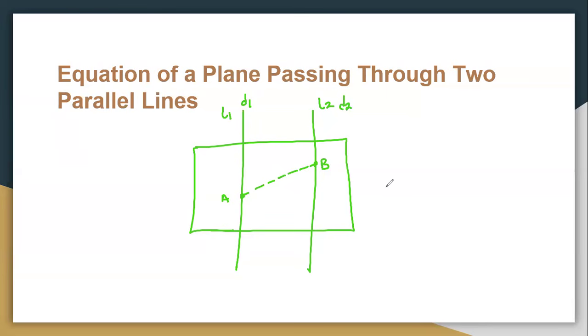So if I want to obtain my normal, it can be the direction vector D1 crossed with the second vector, A to B, where A is a known point on line L1 and B is a known point on L2. Members, let me know whether that is okay. Have you understood how we can get a normal for 2 parallel lines?